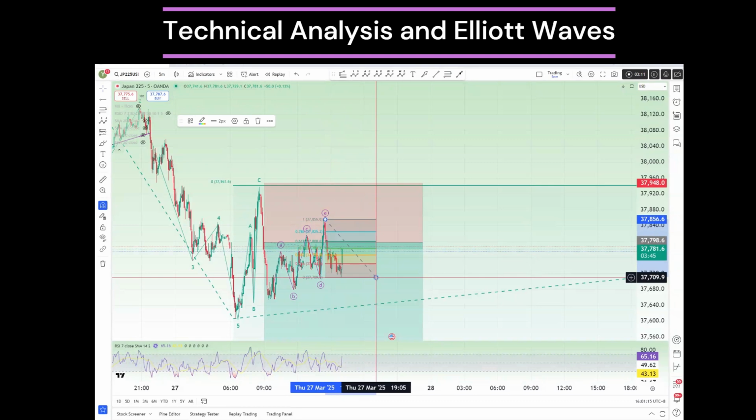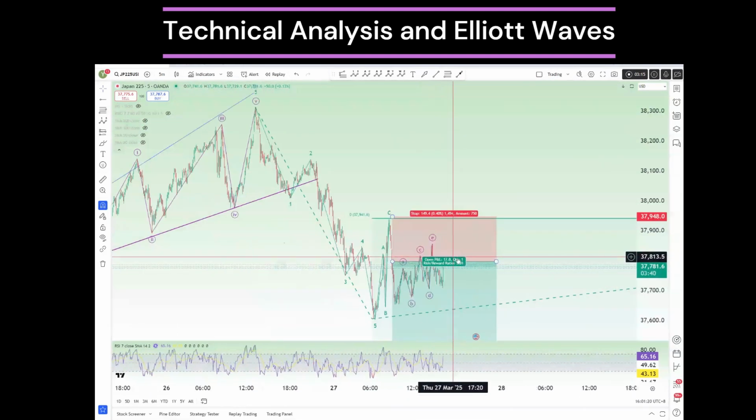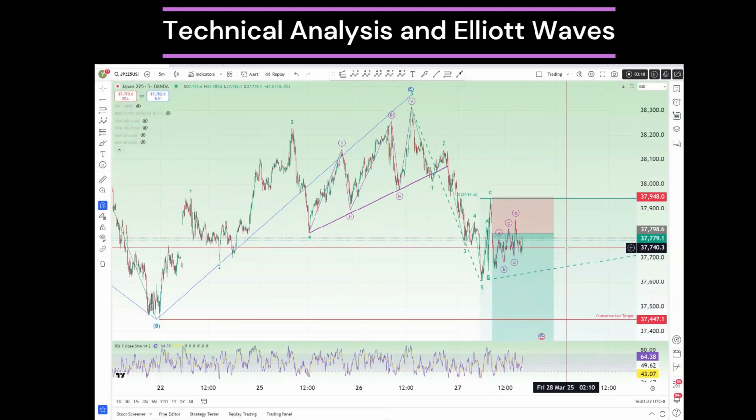So over here it has already reached a 50% retracement. The retracement itself usually doesn't follow a regular pattern.